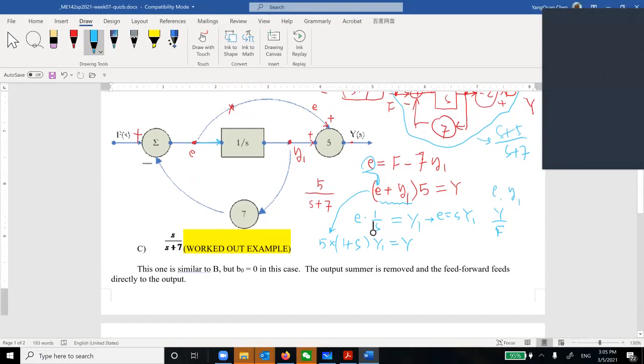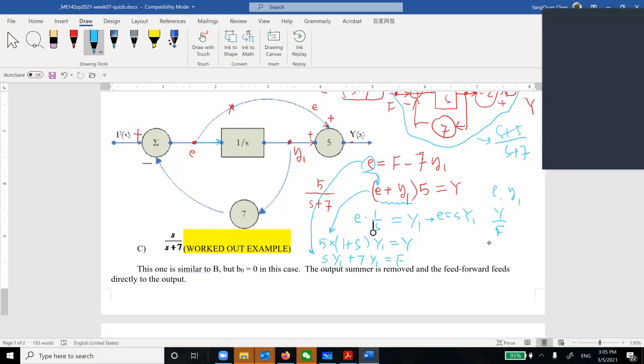So this becomes this equation. So I remove the E, so I need a y. Here I have E is S y1, okay? So S y1 plus 7y1 is F. So this will get you to this one here, okay?